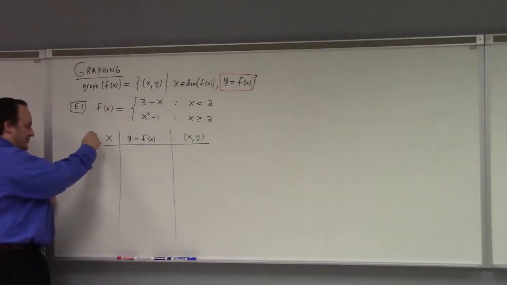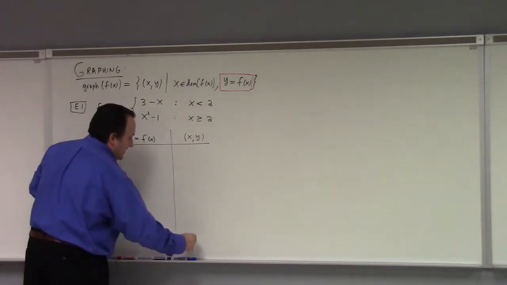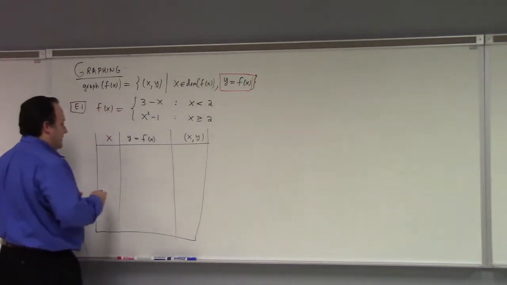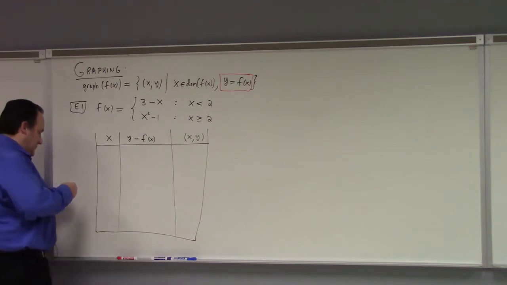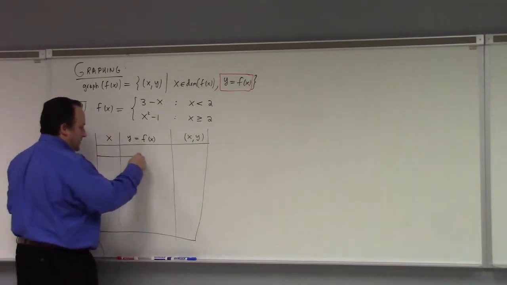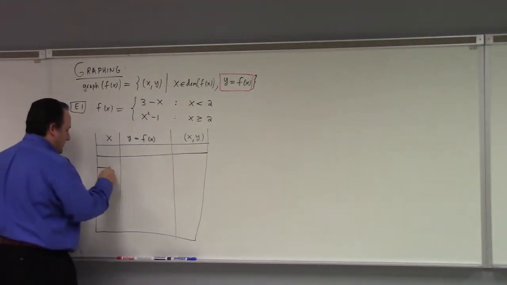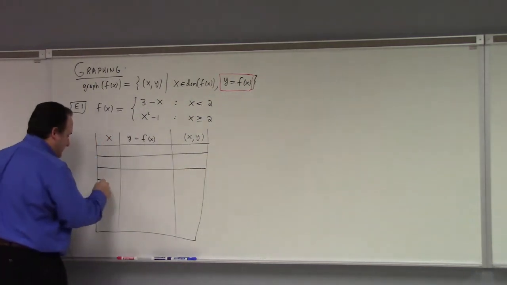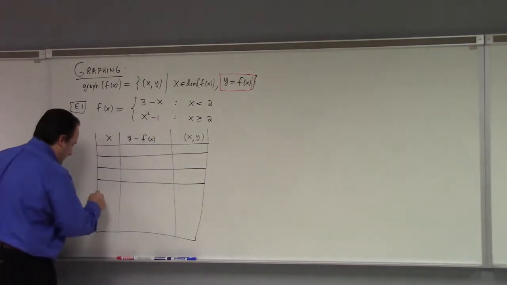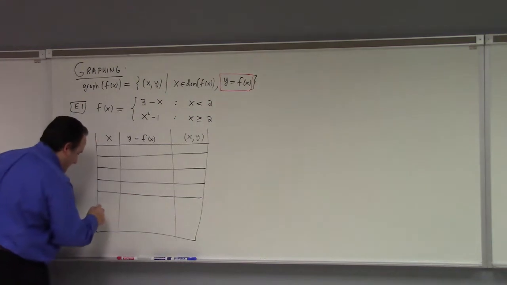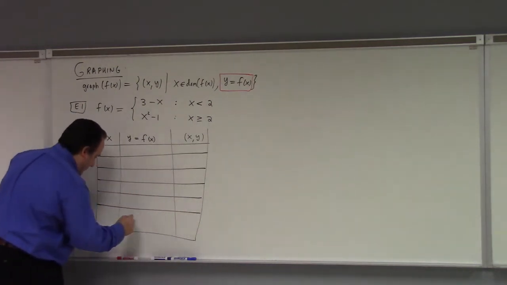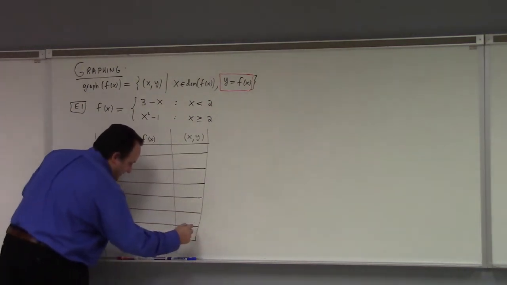In making such a table, you have a lot of freedom about how you make the choices in here. I'm just going to pick, I don't know, about 6. I think if I do about 6 for this example, we'll probably have a pretty good sense of what it looks like.